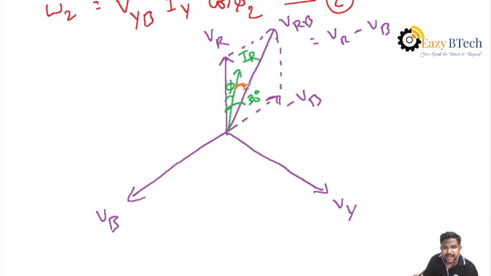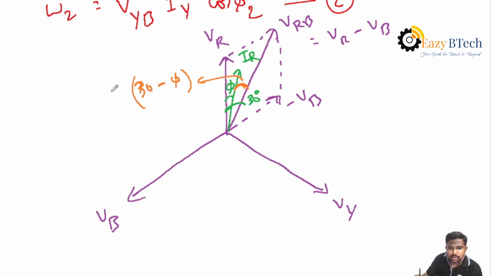Then the total angle is 30, the remaining angle is phi. Then what about the angle between IR and VRB? This angle is 30 degrees minus phi. Okay, this is the angle difference between IR and VRB.